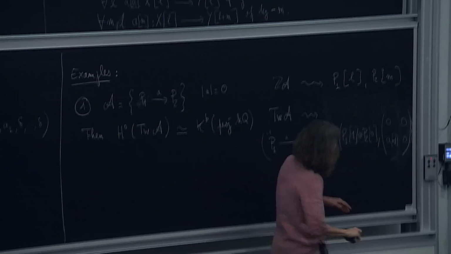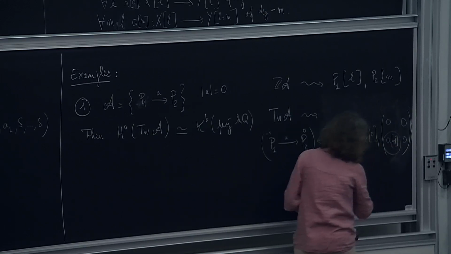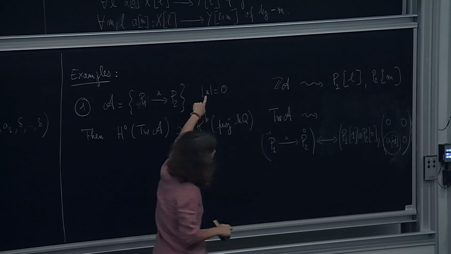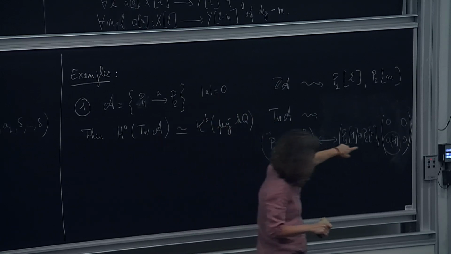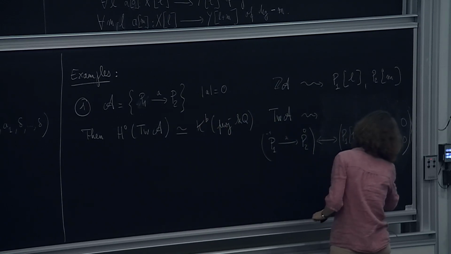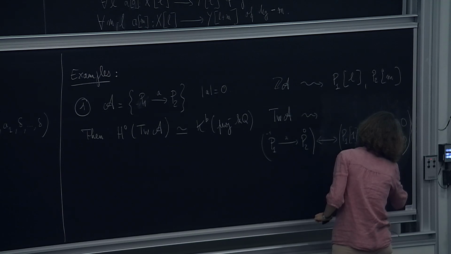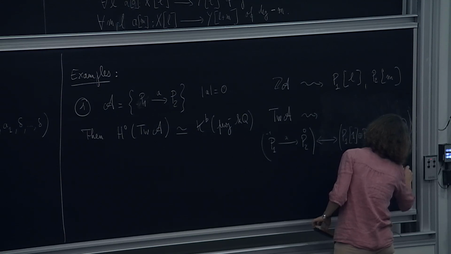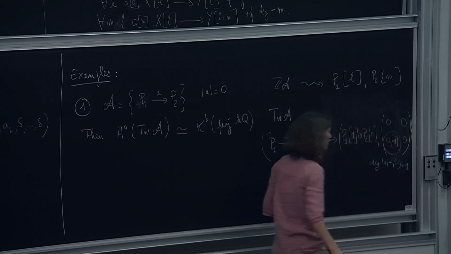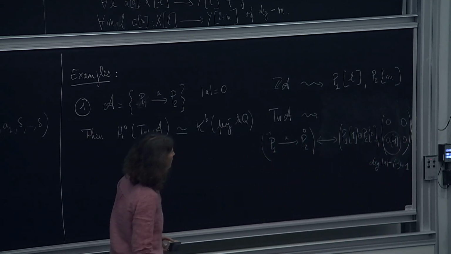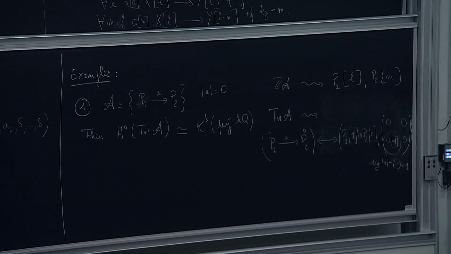So remember, I assume A to be of degree 0. So this one will be of degree, so it's degree of A minus 1, which is 1 in this case. And this is what I want. I want my delta to be a degree 1 map.